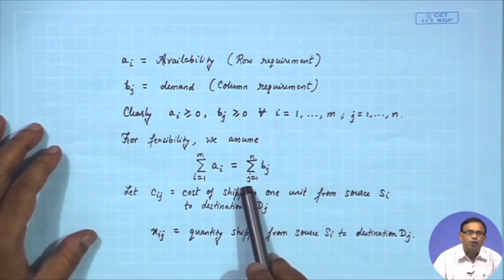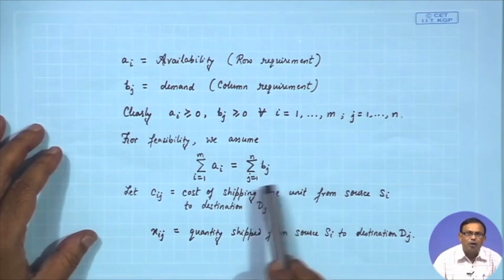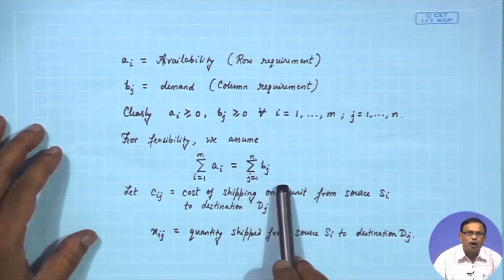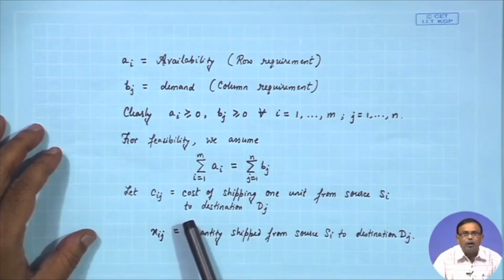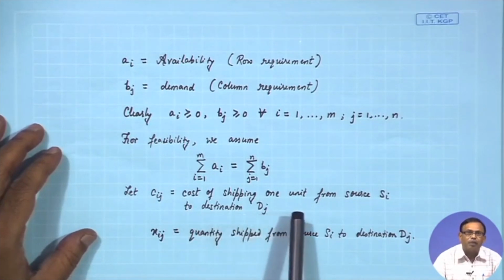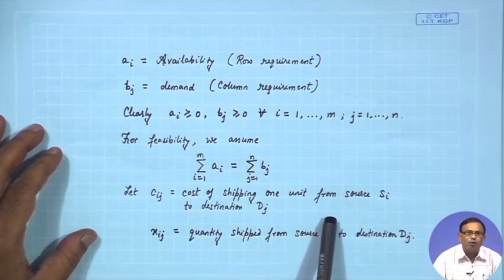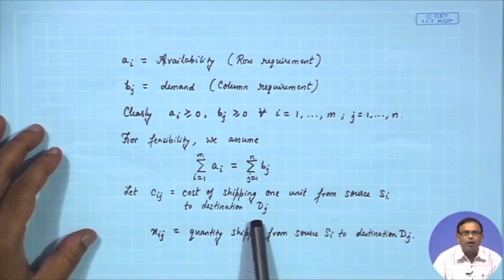So, total supply and total demand should always be the same. Also, we are assuming that Cij is the cost of shipping one unit from source Si to destination Dj.